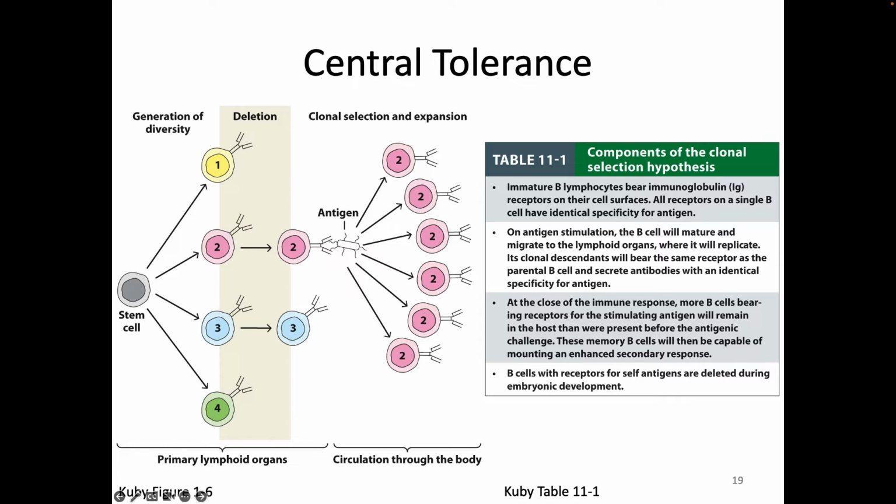Central tolerance mechanisms mean tolerance mechanisms that happen in a primary lymphoid organ, or tolerance mechanisms that happen while the cell is developing. There are also tolerance mechanisms that happen with the cells later in the cell's life, and we're not dealing with that now. Right now, we're just looking at how we work with these B cells in central tolerance.